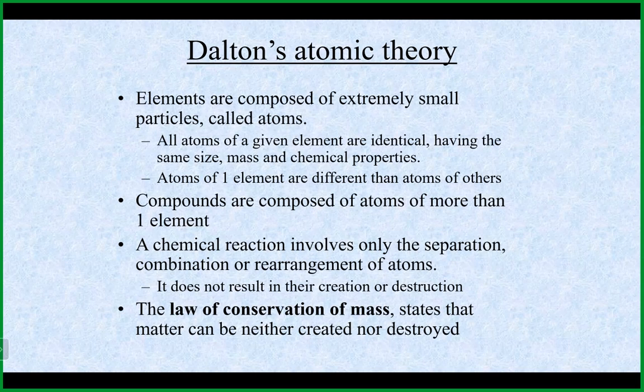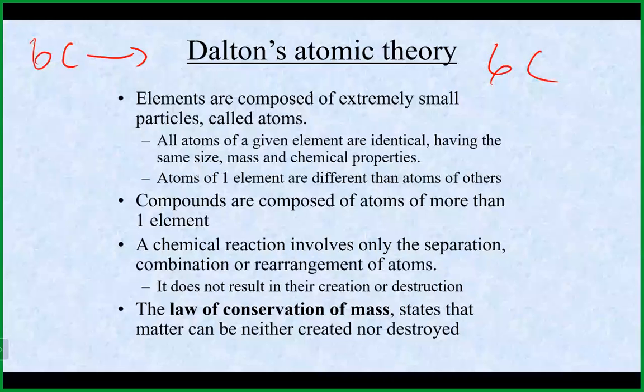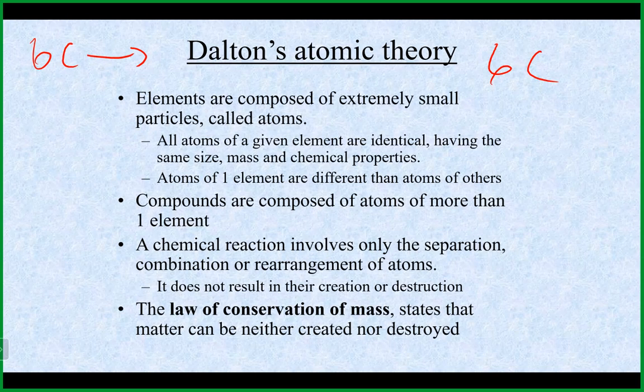Because we're only breaking apart bonds in a chemical reaction, we do not lose any elements, which means if we had 6 carbons on our reactant side, we should end up with 6 carbons on our product side. They may be in different compounds on the product side, but because 6 carbons weigh 12 grams each, you got about 6 times 12 on the left, and you got about 6 times 12 in terms of the mass on the right. You will have the same 72 grams of carbon represented on each side.